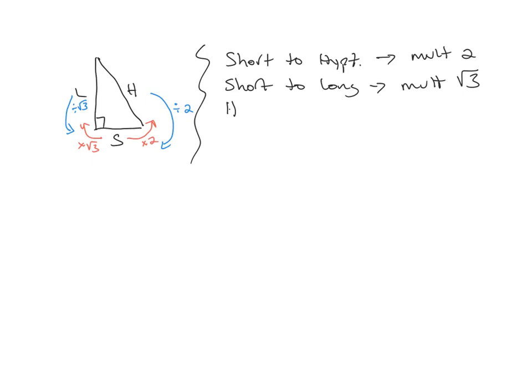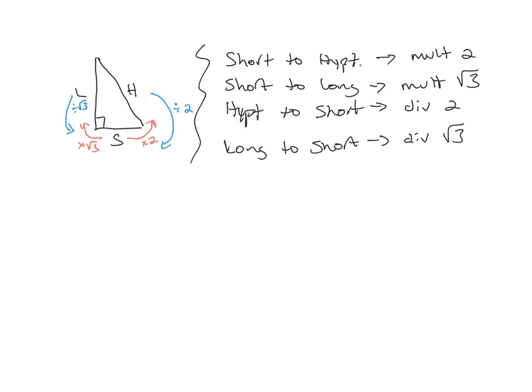If I go hypotenuse to short, divide by 2. If I go long to short, divide by square root of 3. And it's just like, okay, I've memorized that.